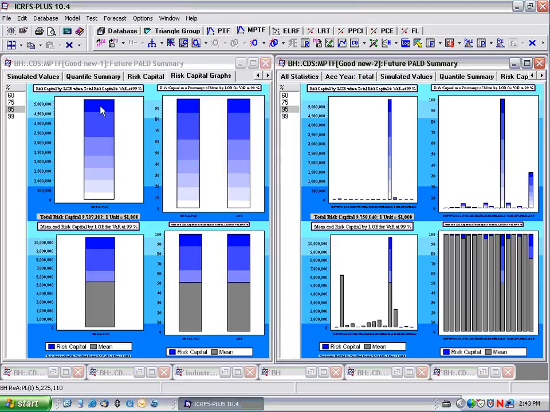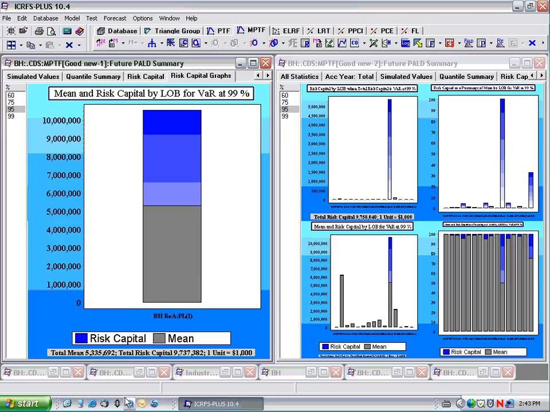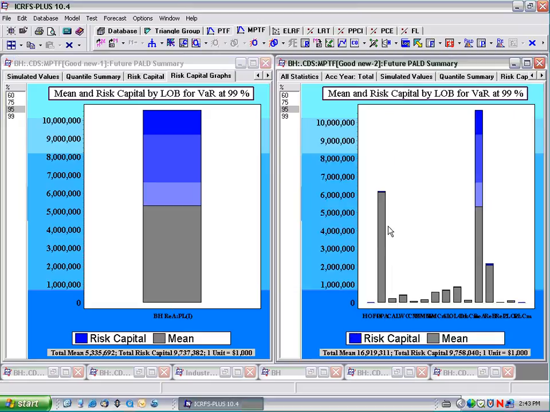So now we find that the risk capital for REA is huge. It's well above the mean. It's 9.7 billion, whereas here, the risk capital for REA is 5.3 billion, much less. REA has a lot of volatility. You might remember it has a lot of process variability. So it's much less when you write other lines of business.